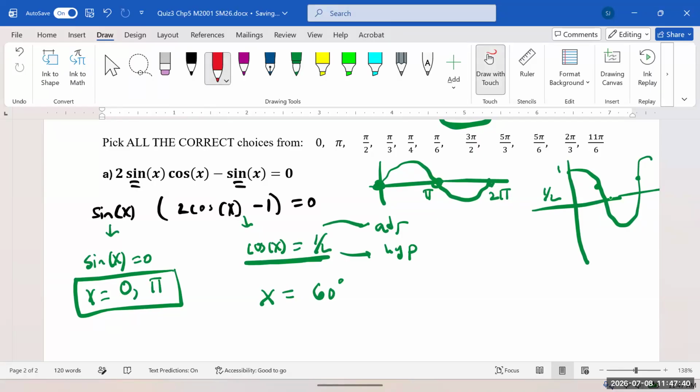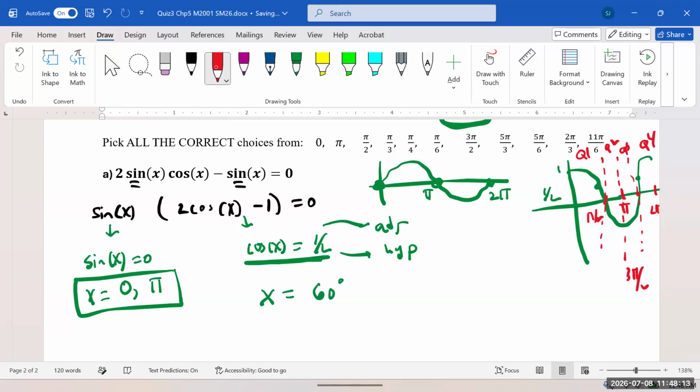We know this is pi, this is 2 pi, so this is half pi. This is the first quadrant, this is the second quadrant, this is 3/2 pi, and this is quadrant 3, and this is quadrant 4.